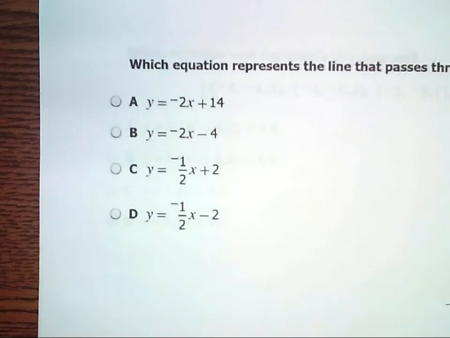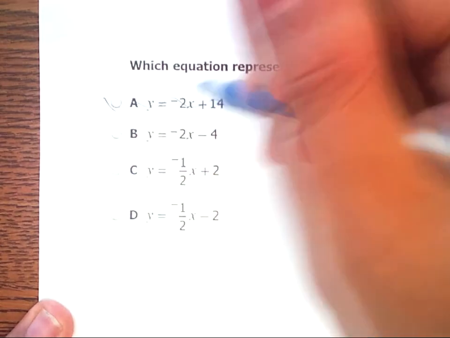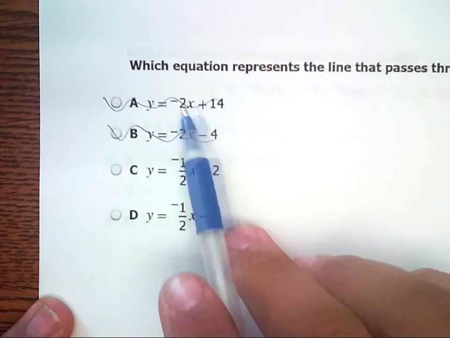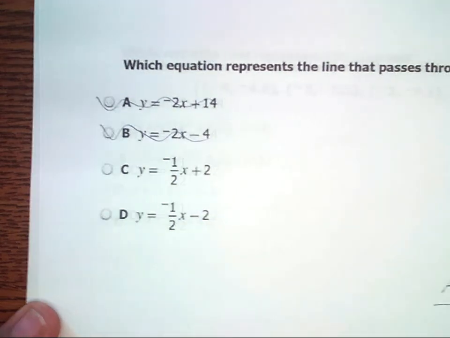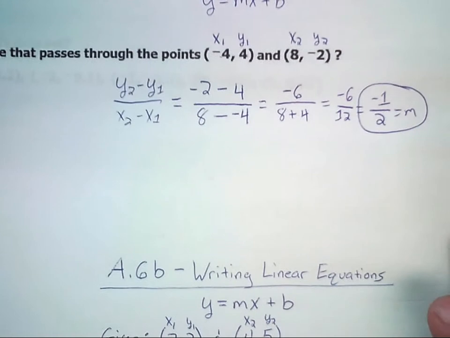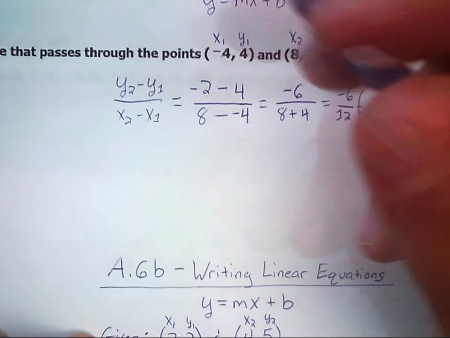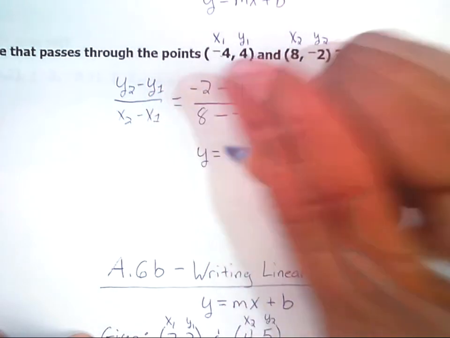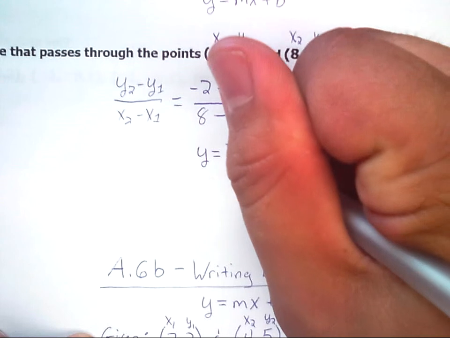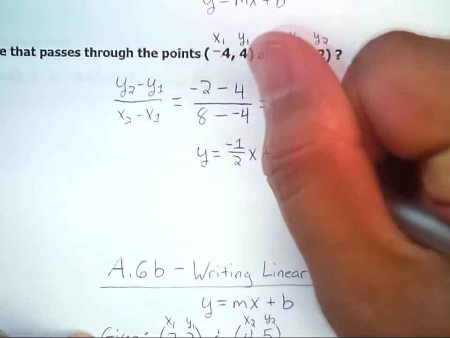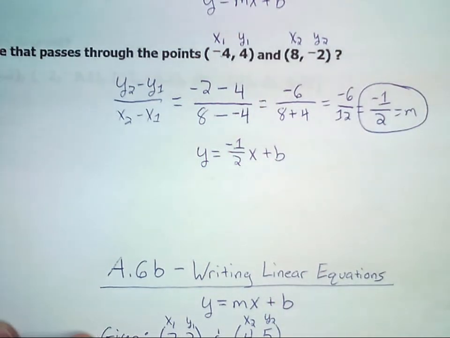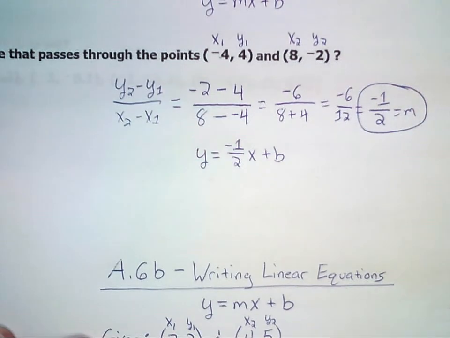That means we can eliminate A and B, because their slopes were negative 2. So now we know our y-intercept is either positive 2 or negative 2. Let's figure it out. I'm going to start off y equals negative 1/2 x plus b. To find b, I'm going to pick an ordered pair, either one, and plug it in.